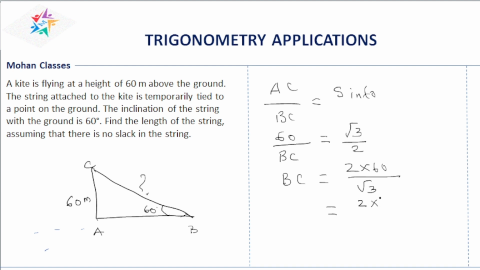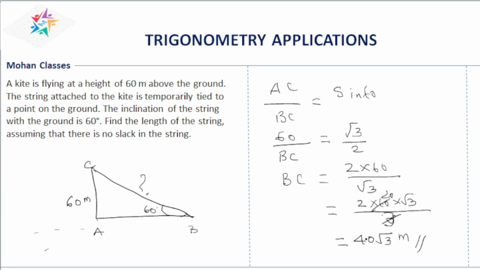That is equal to 2 into 60 into root 3 by root 3 into root 3, which is 3. So that means 20. 2 20s are 40. So 40 root 3 meter is the length of the string tied from the ground to the kite.